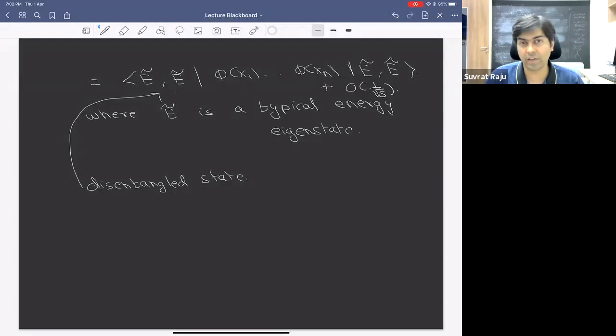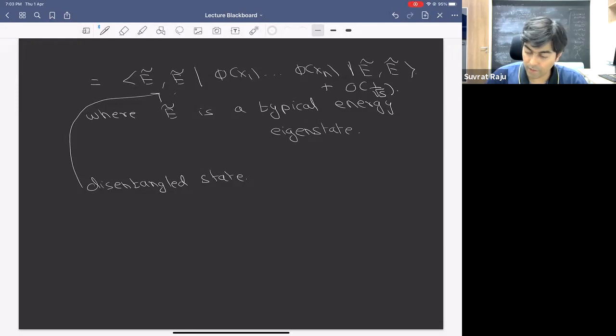And a typical energy eigenstate, we believe, should correspond to a black hole in a single-sided theory. And so maybe it is the case that the experience of the infalling observer in the thermofield double state is the same as the experience of the infalling observer when you take this disentangled state of two CFTs and you compute the correlators in that.